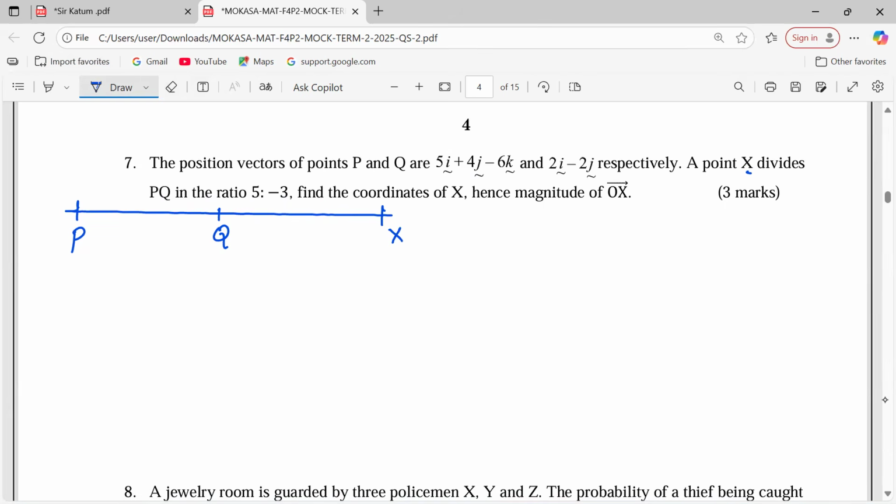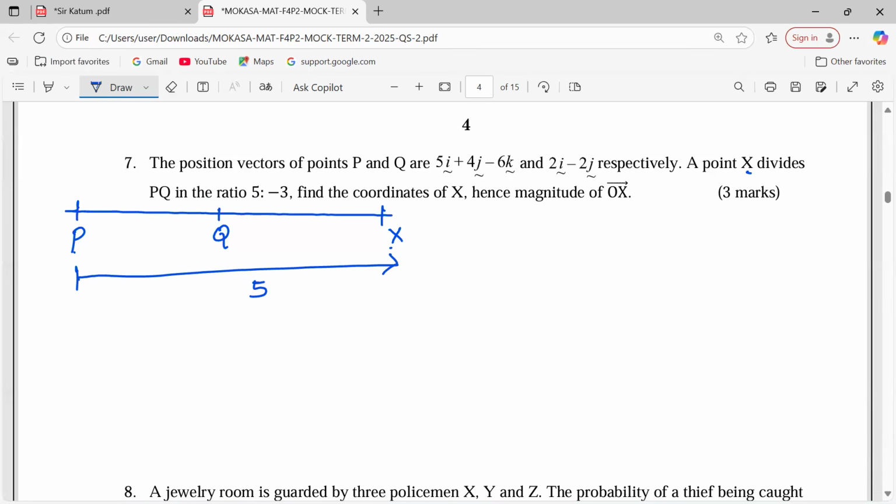It's good to know that if x divides PQ in this given ratio, then it means from P to where x is, we have 5 divisions. So from P to x, there are 5 divisions. Then from x to where Q is, we should move backwards now. So we moved this way 5 divisions.